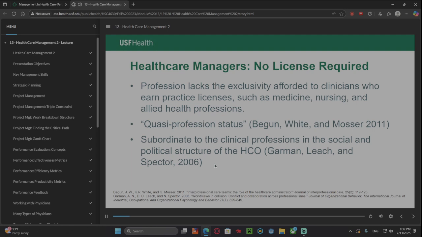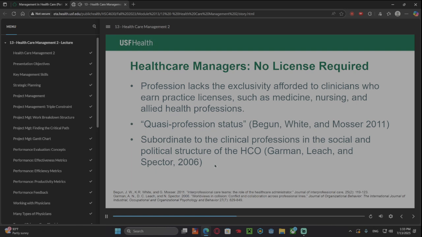Part of the challenge for healthcare managers on the interprofessional team is the fact that healthcare managers are not required to get licenses. The profession lacks the exclusivity afforded to those clinicians who earn practice licenses. Medicine, nursing, and many allied health professions all have to get licenses.